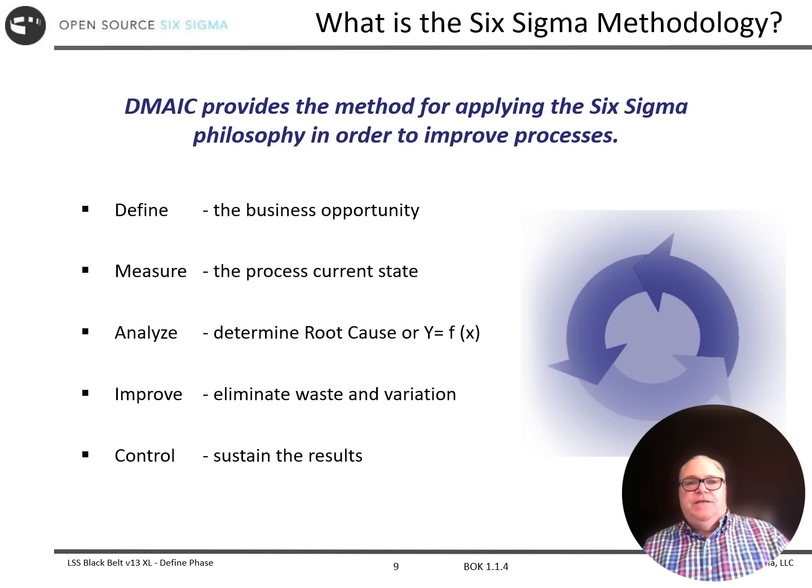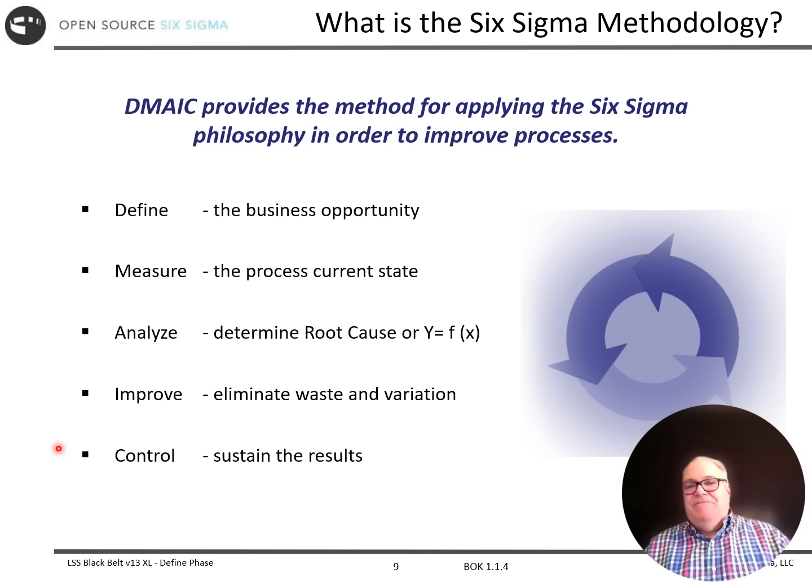So what is the Six Sigma methodology, or probably better said, what is DMAIC? Define, measure, analyze, improve, and control. It's a simple 5-step process, project management 101. These are milestones.